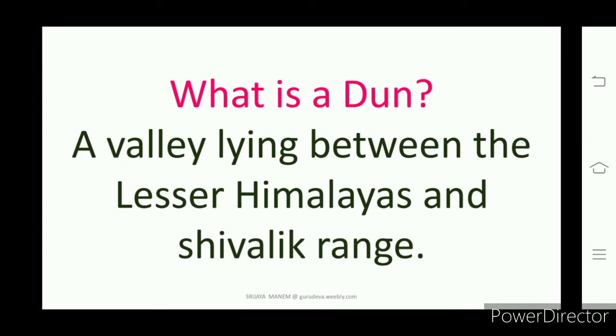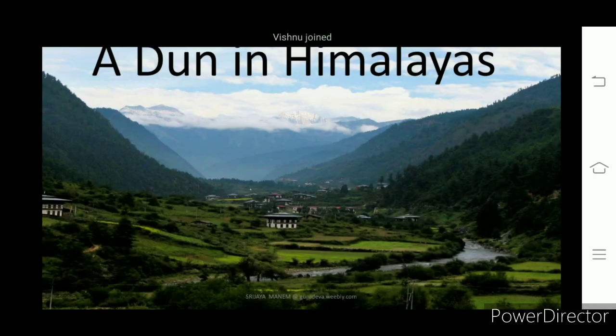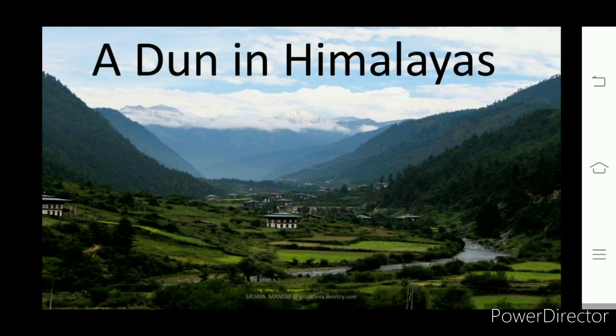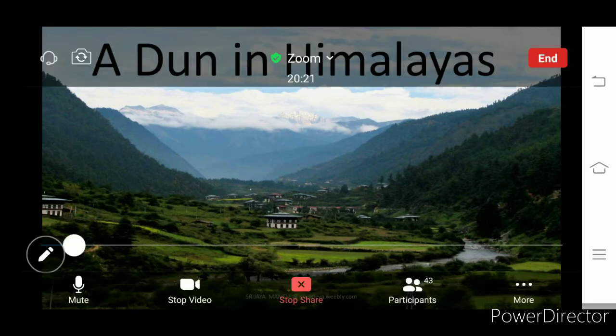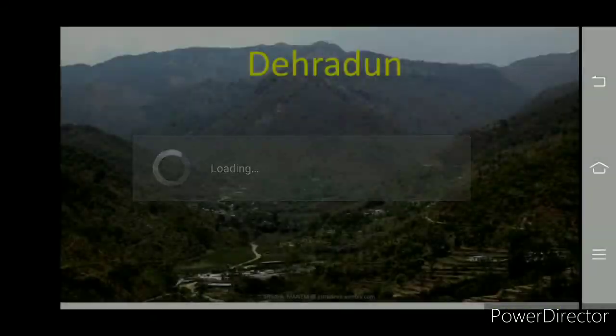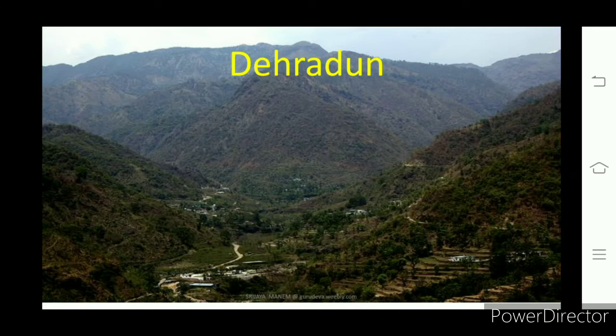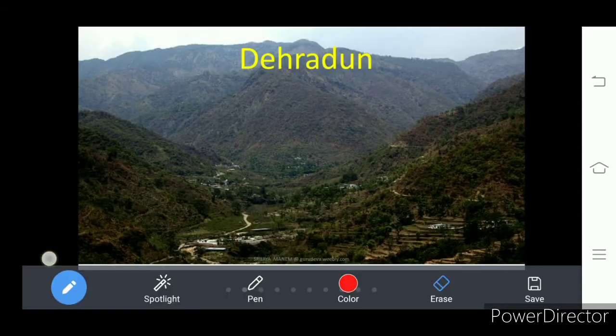Next here, see that. What is a dun? That is a valley lying between the lesser Himalayas and Shiwalik ranges. This is a dun in the Himalayas, Dehradun. What do you see here? It is a flat bottom valley, right?